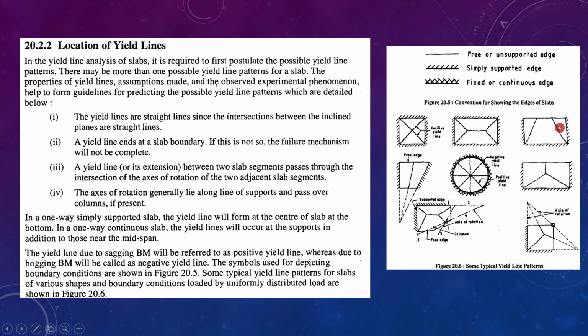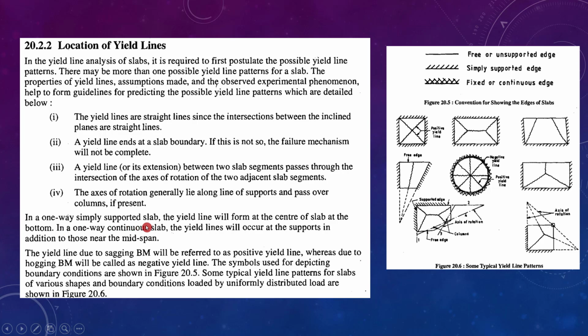Here, one, two, three segments. You can count the number of segments, and all the segments will have an axis of rotation. All the sides behave as the axis of rotation. The axis of rotation generally lies along the line of supports, and it passes over the columns if they are present.